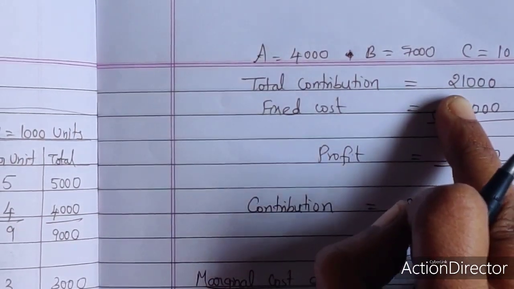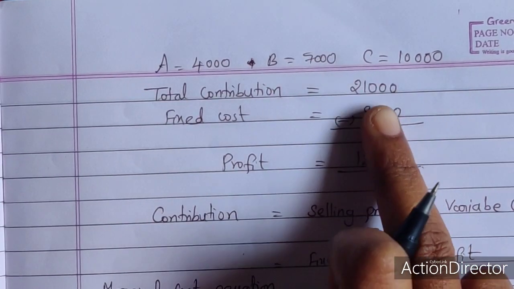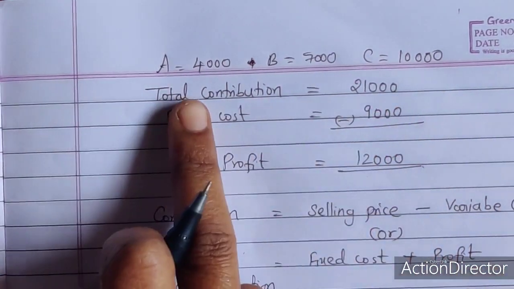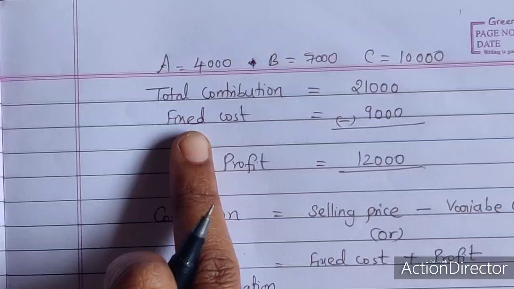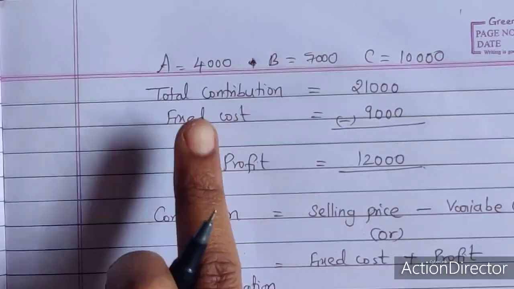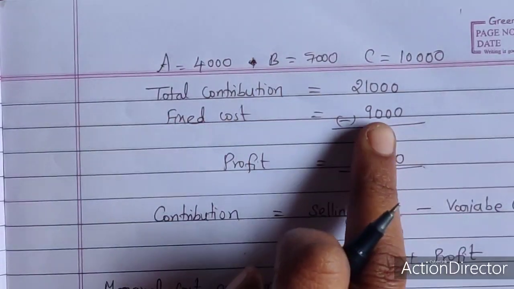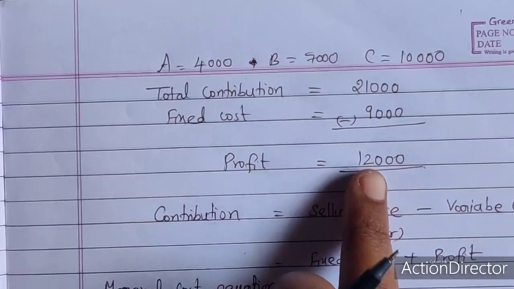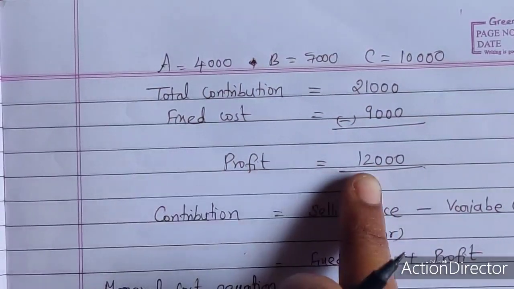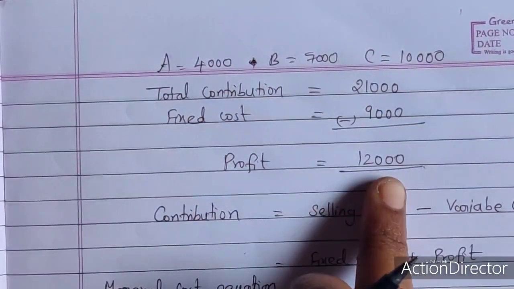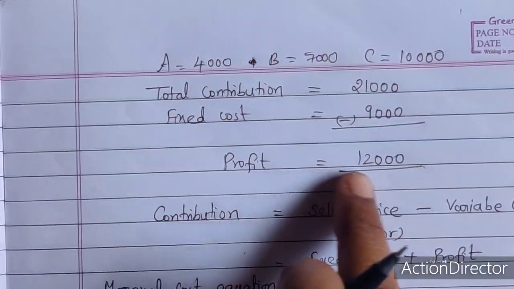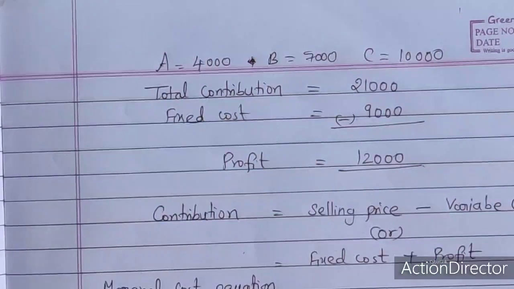Total contribution is 21,000. From this contribution we need to less the fixed cost, that is 9,000. 21,000 minus 9,000 is equal to 12,000. This is the profit we will get in marginal costing. So in this way we need to find out the profit using marginal costing.